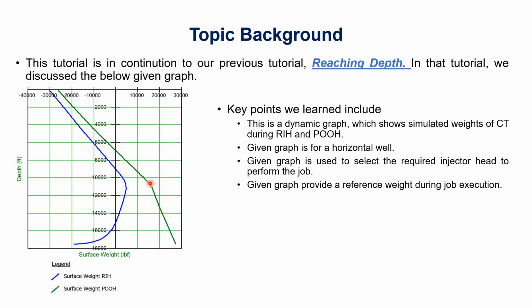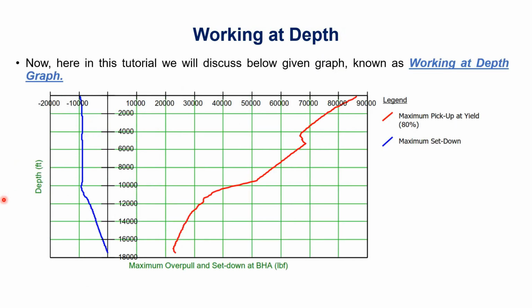It also provides a reference weight during job execution, so we can compare with our actual weights. Now we'll move to our main topic, the working at depth graph. As I just mentioned, this is the second graph, and it is a very important graph while designing a coil tubing job.